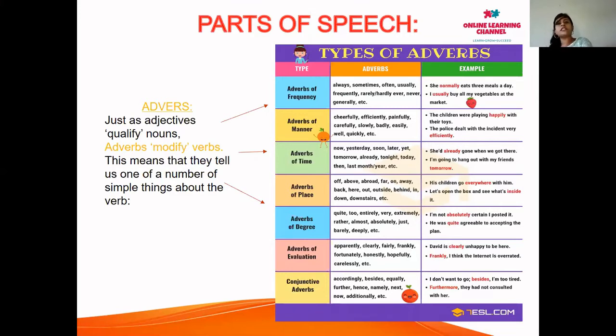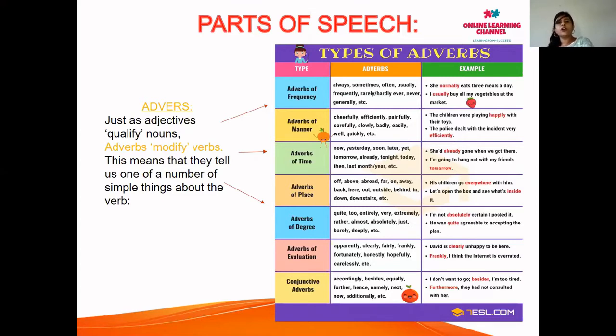Now you've got different types of adverbs. You've got adverbs of frequency: always, sometimes, often, usually, frequently. These are the words that you use in your adverbs of frequency. Then you've got adverbs of manner.